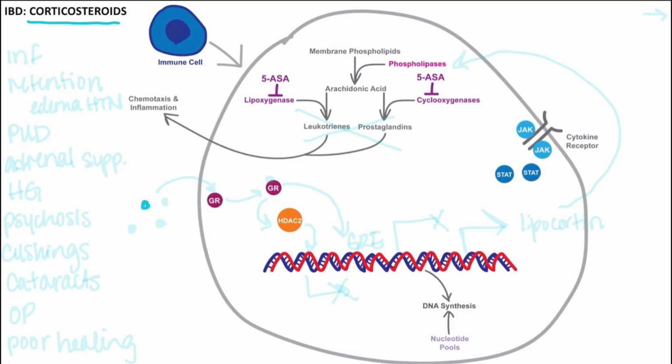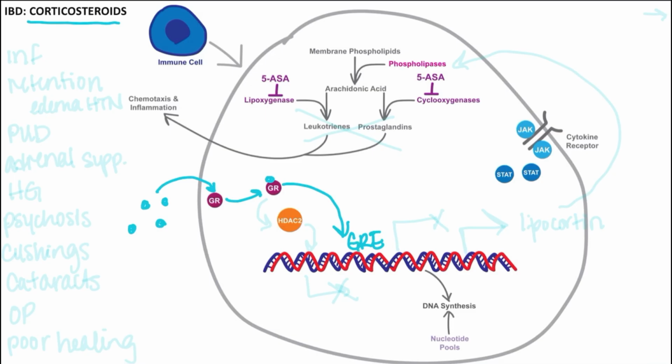So when these glucocorticoids are administered, agents will come in and bind the glucocorticoid receptor. And the glucocorticoid receptor, once it's bound, will then translocate to the nucleus to glucocorticoid response elements and target genes.